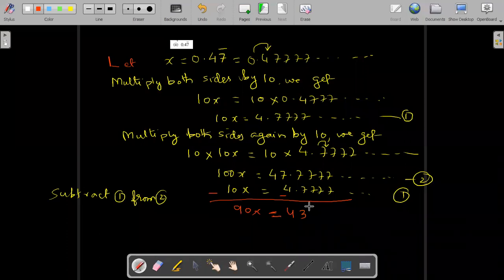So 90x is equal to 43, and x will be equal to 43 upon 90. So this is our answer. Therefore, 0.47 recurring can be written as 43 by 90 in the form of P upon Q, where P and Q are integers.